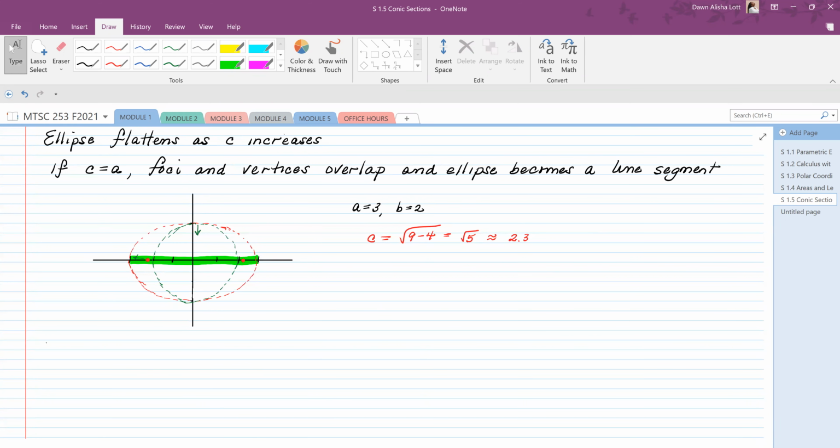So the eccentricity, this is what helps us determine how flat or how round it is.